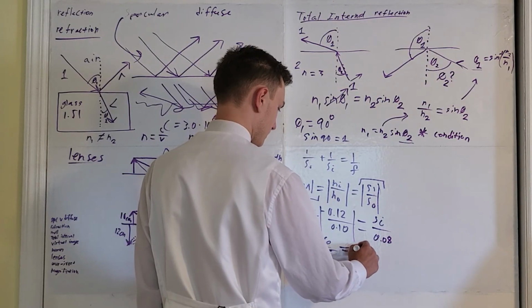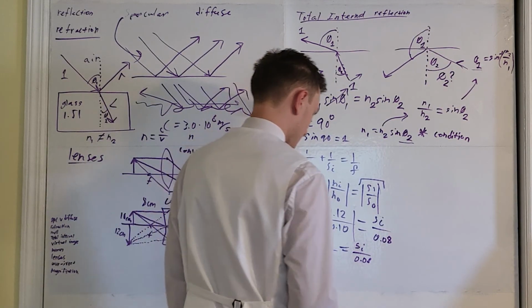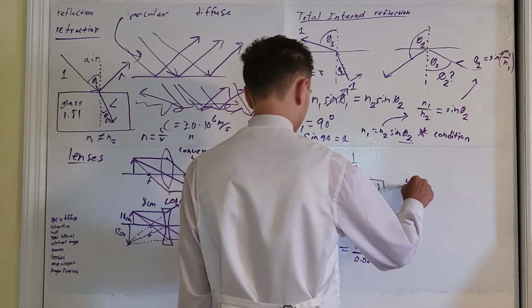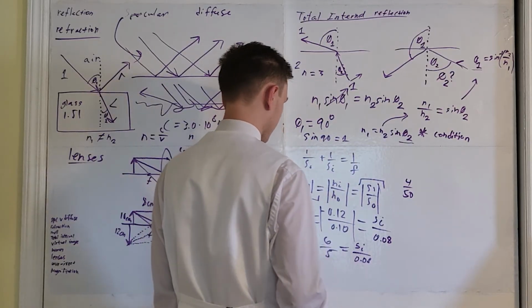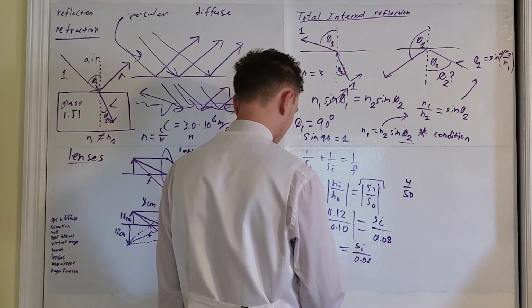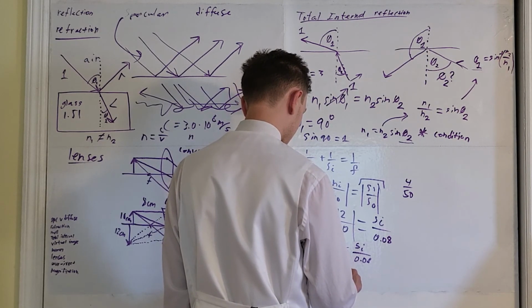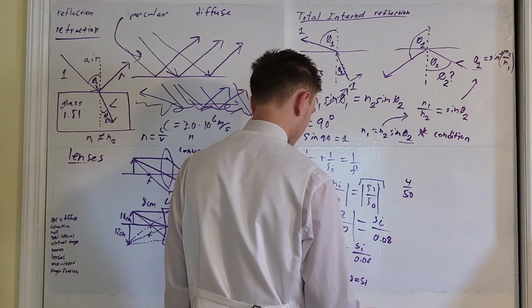And that's also equal to SI over 0.08. 0.08 is 4 over 50. So magnitude equals 6 over 5. Magnitude times 0.08 equals the distance to our image.